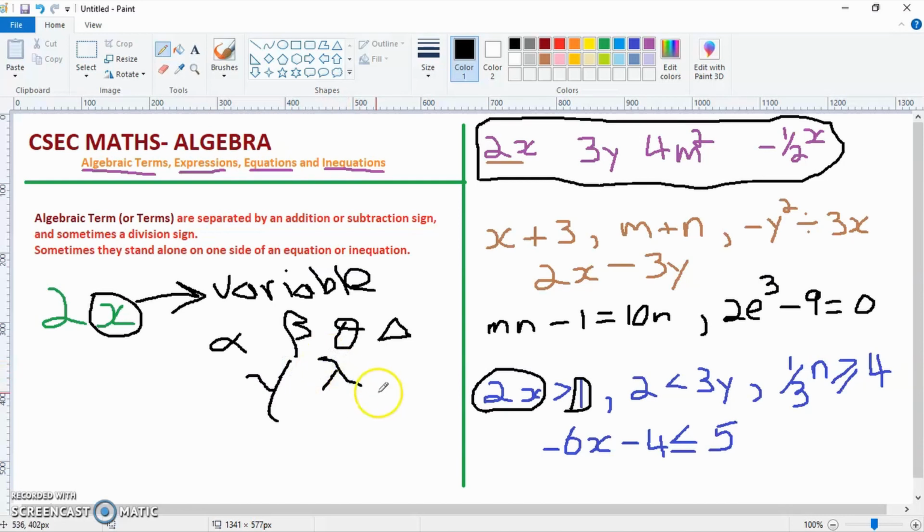All these are letters of the Greek alphabet that are used to show that you have a variable.